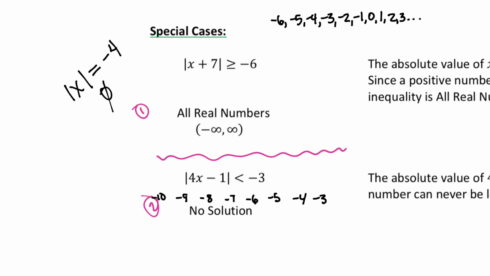You're just going to keep getting bigger and bigger until you run out of room, you run out of pencil or whatever. You're just going to get bigger negatives. It will never turn positive. Okay, and because this will never give you positive numbers because it's less than a negative, that's why you get no solution. Because distances have to be positive.